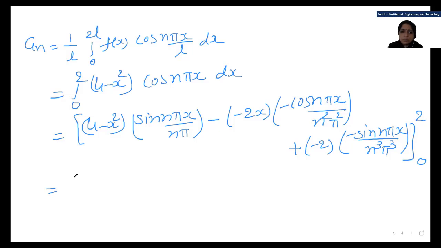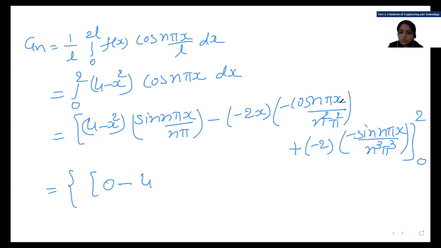Now substitute the upper limit. If I substitute the upper limit here, that is 2 square, so 4 minus 4 is 0. And if we put 2 here, sine 2n pi is 0. So our first term is 0. Here minus, minus, minus, 3 times minus, so minus 2 2s are 4, right?